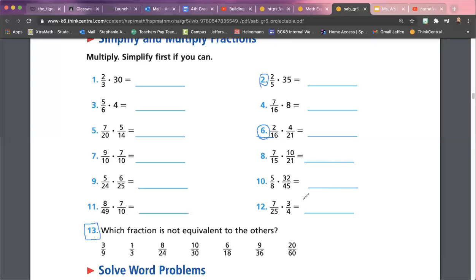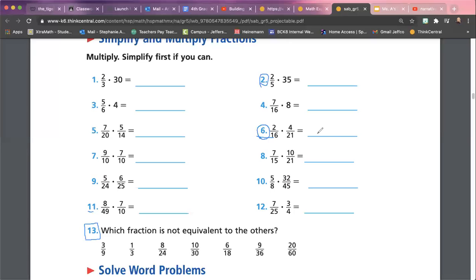I don't know which one you're looking at. It was 8 49ths times 7 tenths. 11. Oh, that's okay. So why don't you try to solve number 6 now? Justin, I did number 2 though. Oh, you did number 11. I see. Justin, will you walk us through number 6 then?